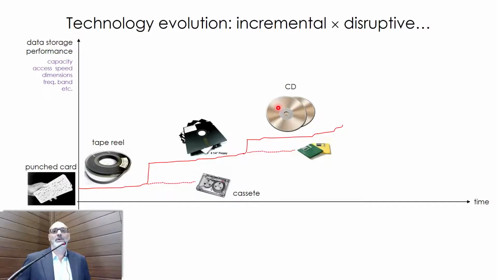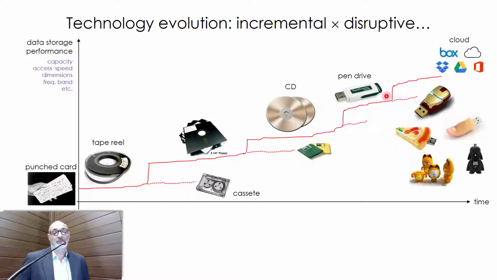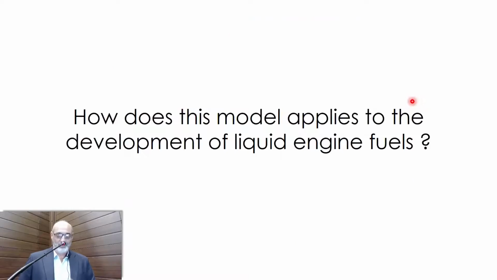After the floppy disk, we got the CD, the floppy disk evolved to these small disks here, okay? Then we had the pen drive and so on, and now we have cloud storage. Very interesting, and the old technology still coexists. You know, you see the pen drive is evolving to very sophisticated examples of data storage technologies, okay?